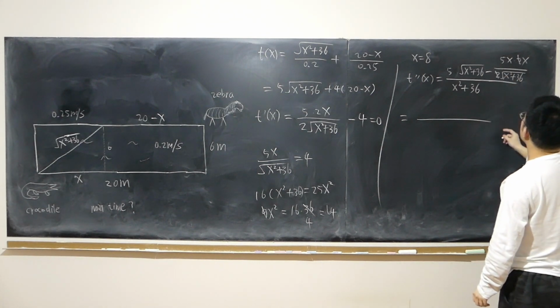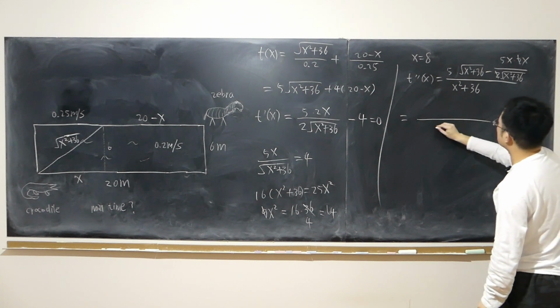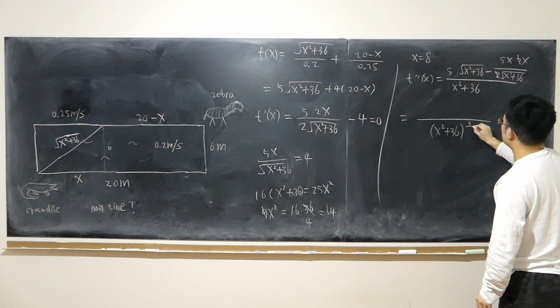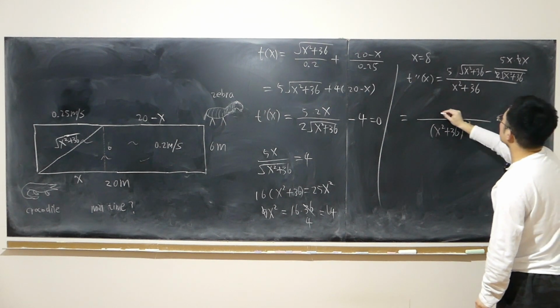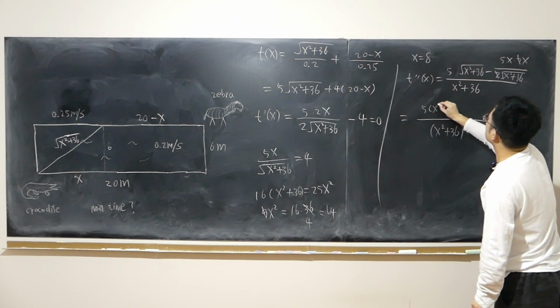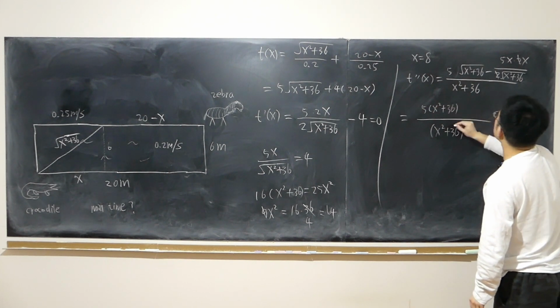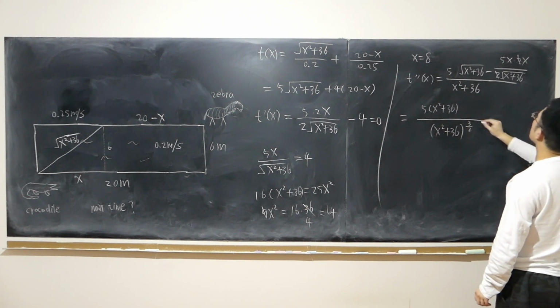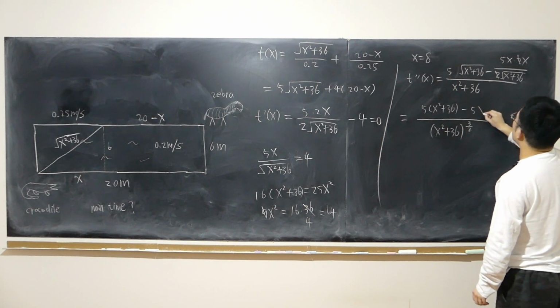That is equal to, with a common denominator, combined with this, x squared plus 36 to the power of 3 over 2. And I have 5 times x squared plus 36 minus 5x squared.